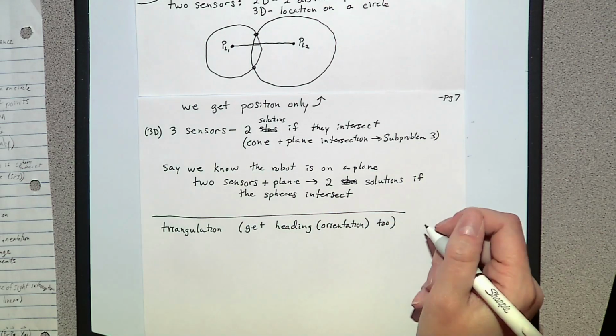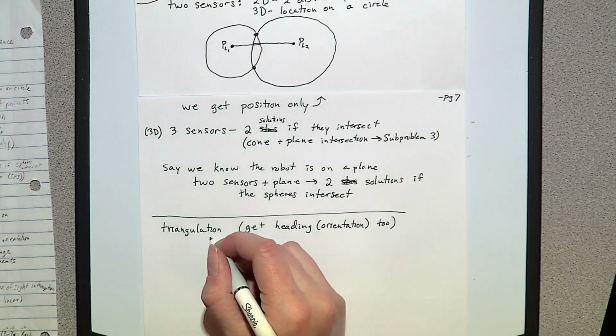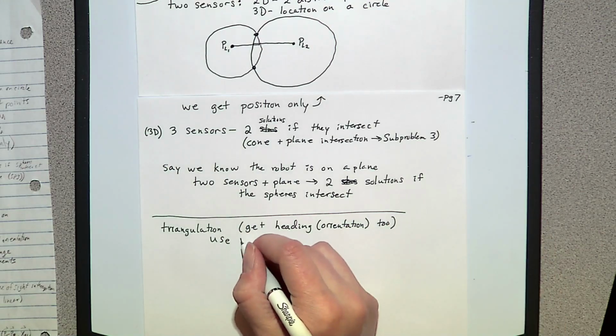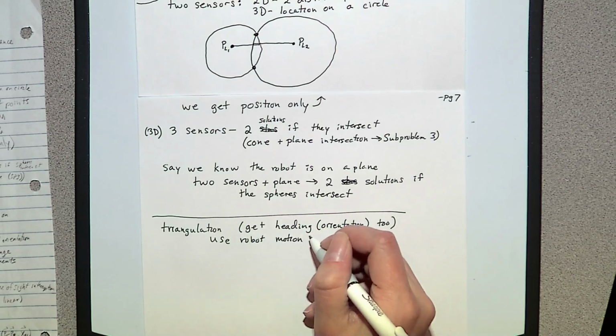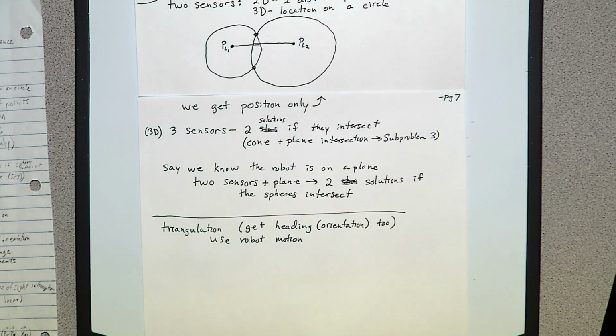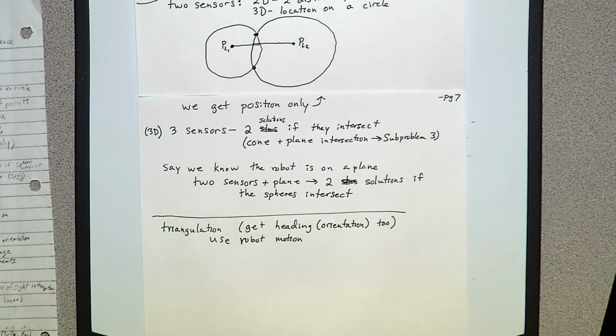So you can get that information as well. What you could do is use robot motion to try and figure out your relative heading. Based on the way your robot is moving and the measurements that you're taking, you can get a rough idea of your heading.